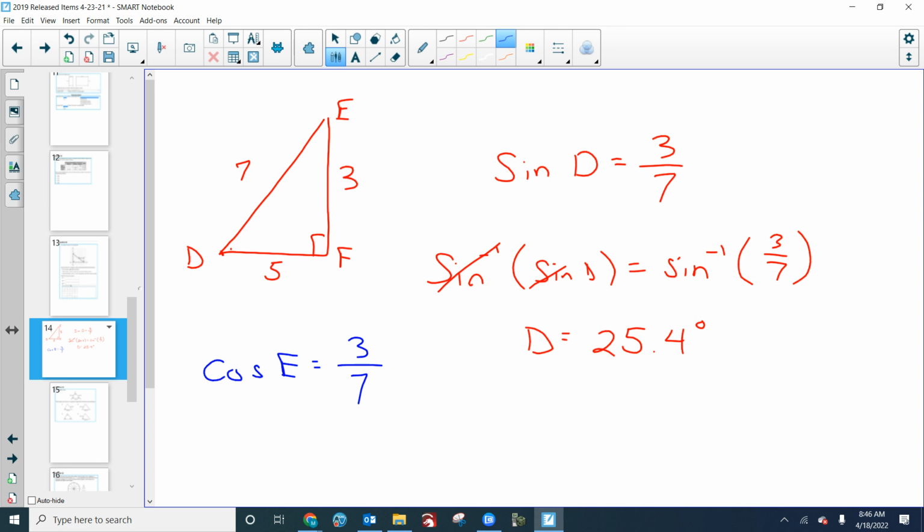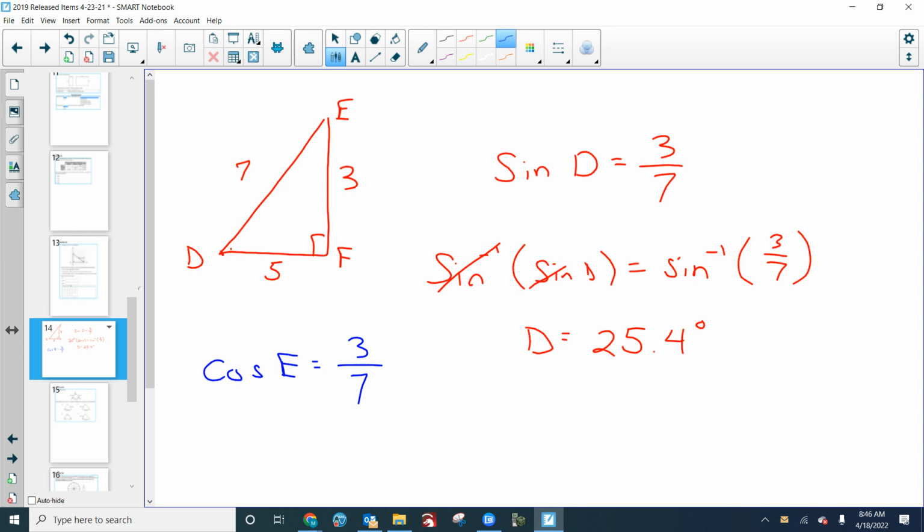Quick question for you. You're heading into Algebra 2 next year. You're going to be doing what's called the unit circle. We didn't talk about this at the time because it's not for this class, it's for Algebra 2, but the cosine and the sine have graphs. Remember how y equals mx plus b had its own graph? It's a line.